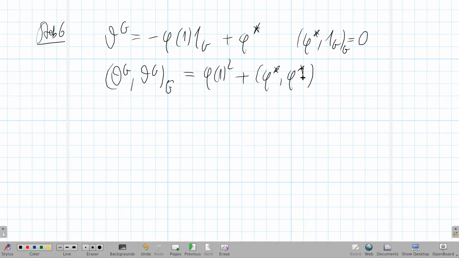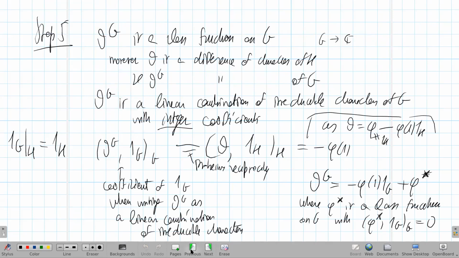But recall that from step 4, okay, so this is step 5, okay, this. But step 4 told us that, let me check whether I wrote it correctly.